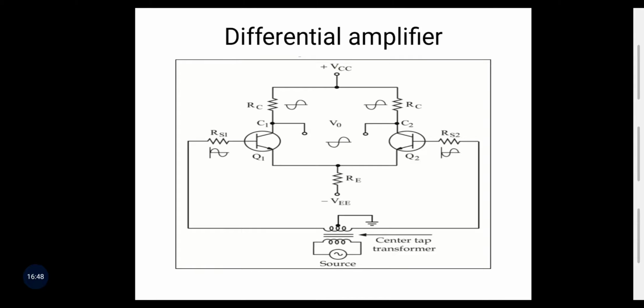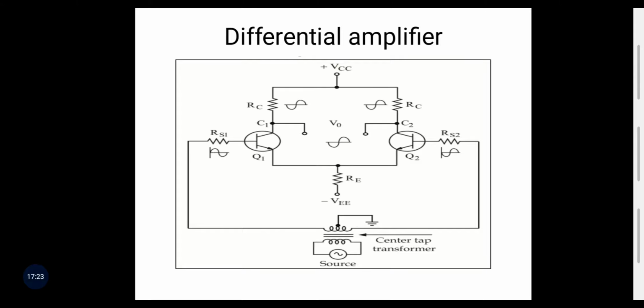It consists of two transistors Q1 and Q2 that have identical characteristics. Q1, Q2 are NPN transistors. Both transistors have identical characteristics, that is, the same input impedance, same output impedance, same voltage gain and current gain.